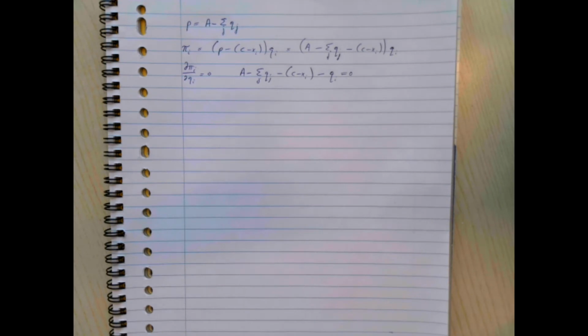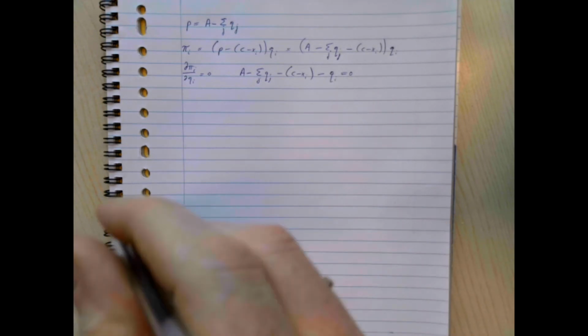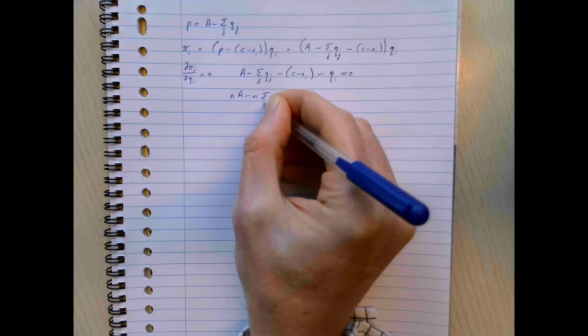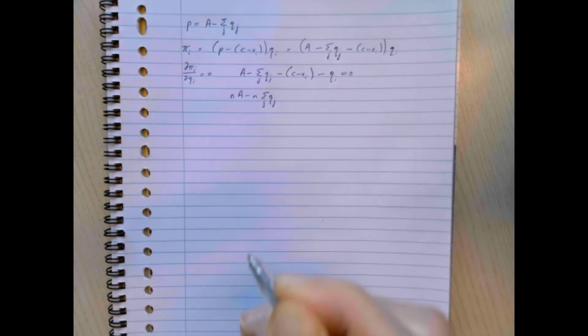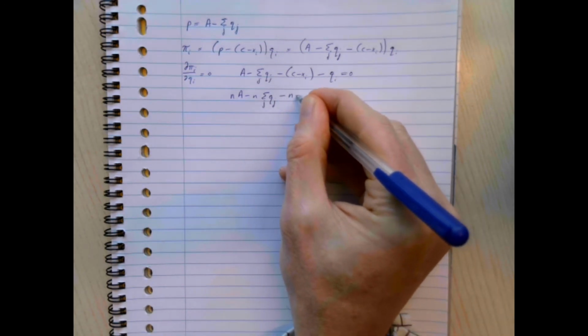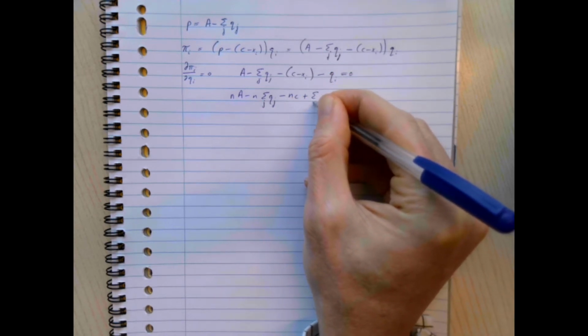And of course we have a similar first order condition for each of these i's, from i equals 1 to n. A useful way to solve this system of n simultaneous equations is to add them up. Adding those up gives us n times A minus n times the total quantity, the sum of all these Q's, minus n times C, plus now the sum of all the xj's.